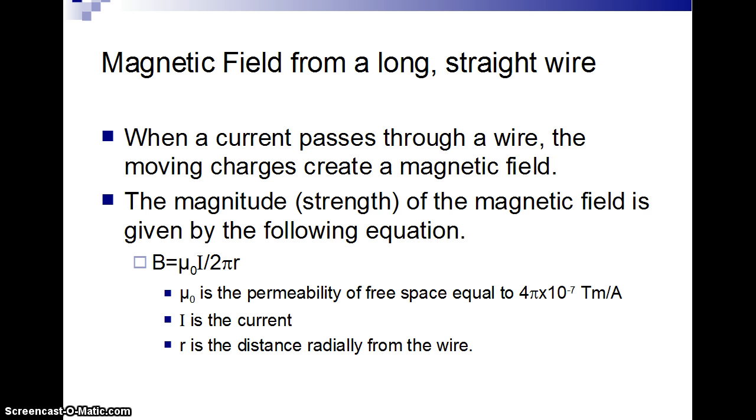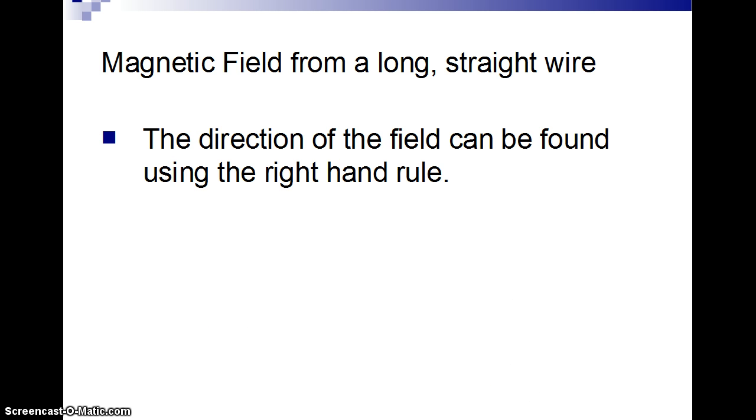You think of it cylindrically, where the height is the wire, and then your distance away from the wire is the radius from the center of the wire. And we're going to use the right-hand rule. It's going to be a slightly different version of the right-hand rule.